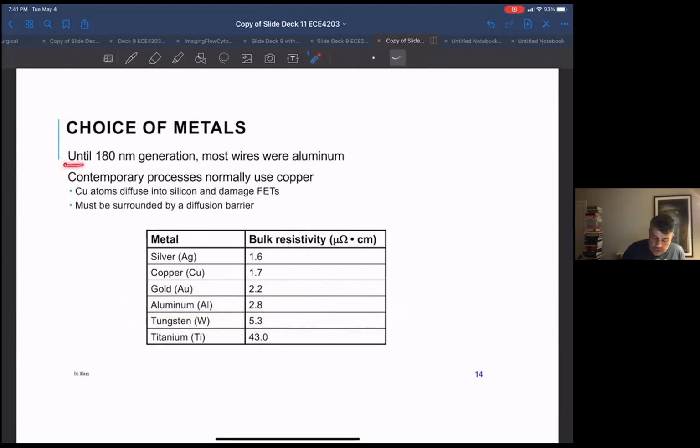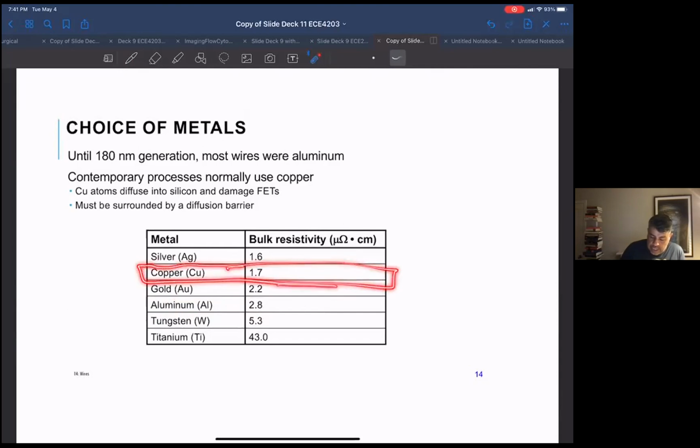An older process still uses all aluminum. At some point, people decided that aluminum's resistance was a problem as you go into finer and finer geometries, so they needed something with lower resistivity than aluminum. And they settled on copper.